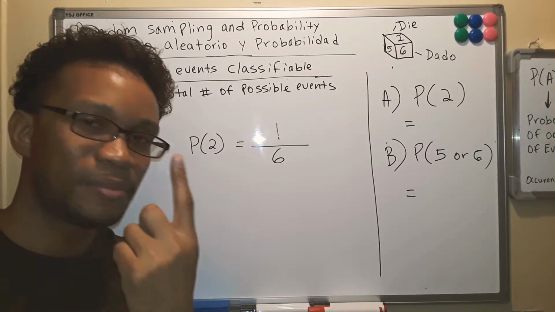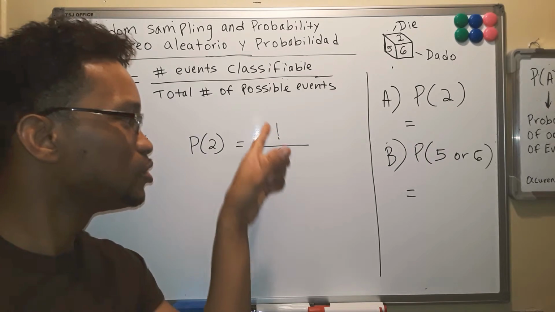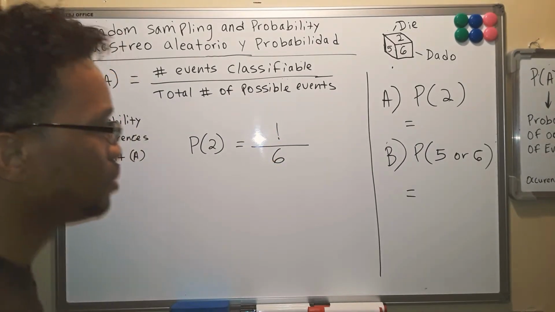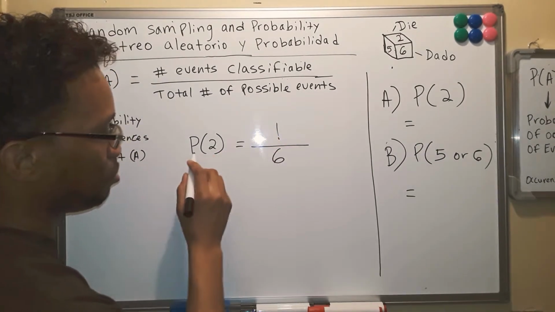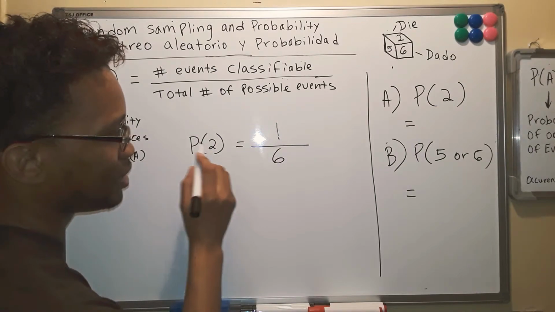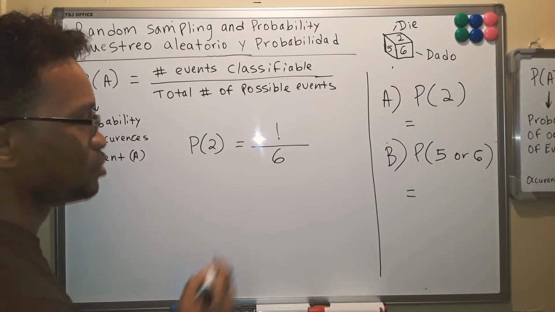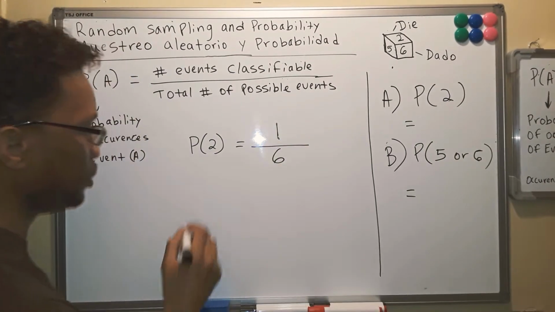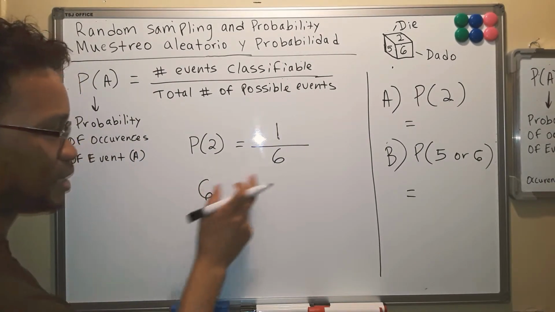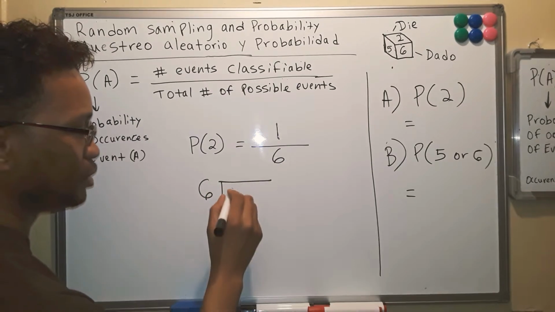The probability of having 2 land on top of that die is only 1 out of 6.